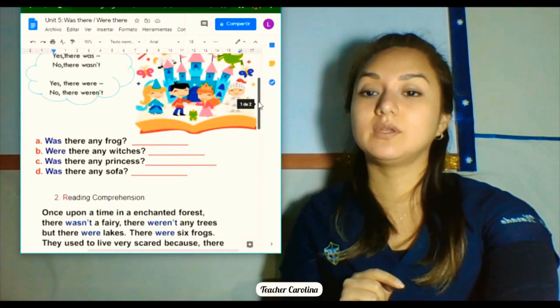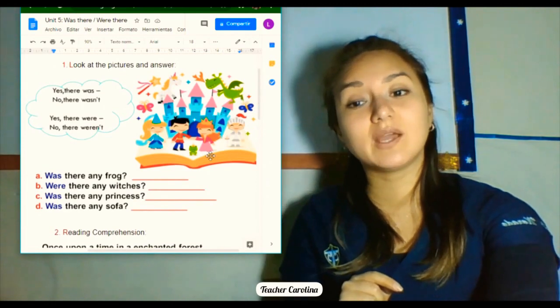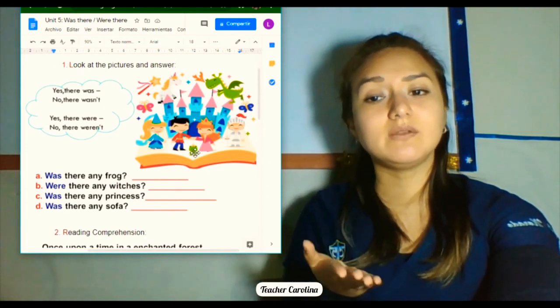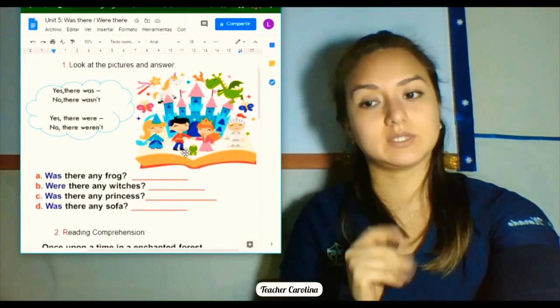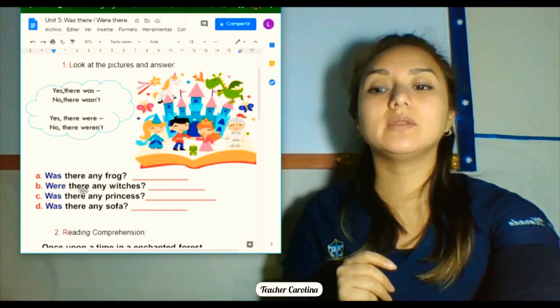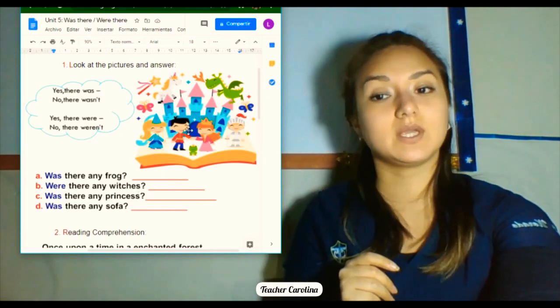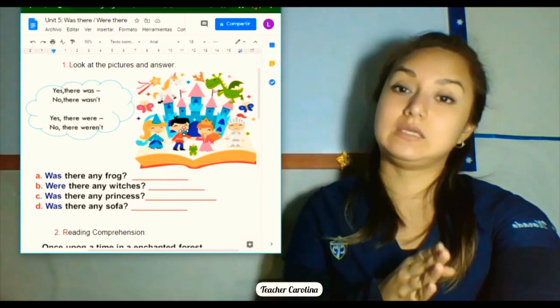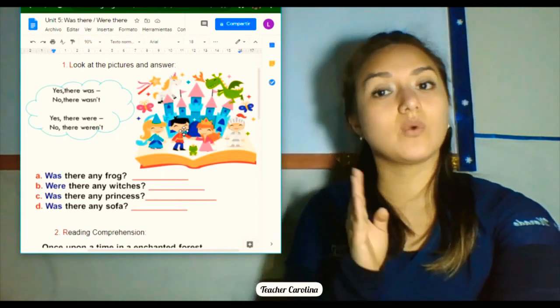And you have in here the questions that says, was there any frog? You have to take a look at here. Was there any frog? Yes, there was, or no, there wasn't. In here, were there any witches? Take a look at the picture. Yes, there were, or no, there weren't.